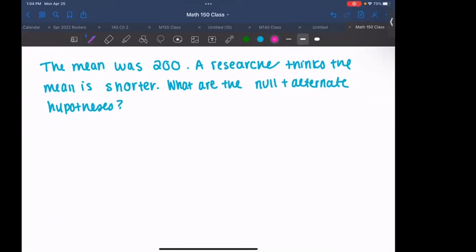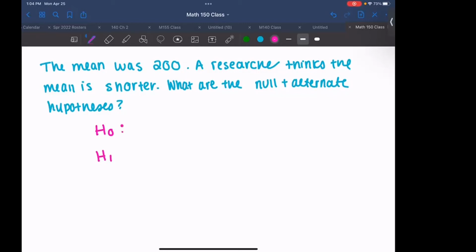So this is asking us to write the null and alternate hypothesis. Does anyone remember the symbols that we use for these? And what about the alternate? H1, good. So your answers to these questions have to use these symbols, H0 and H1.